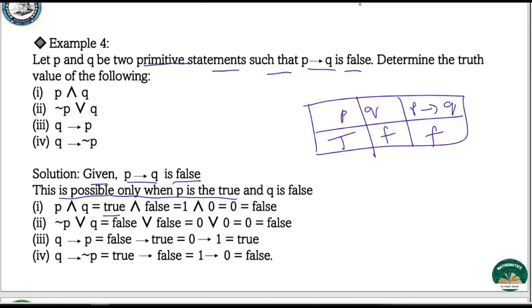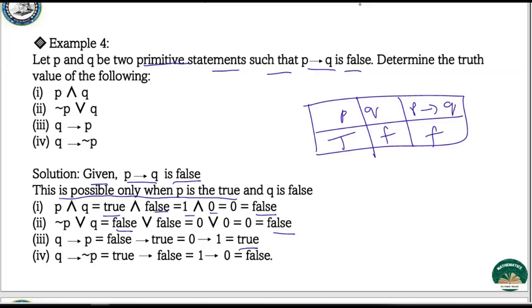For P and Q: P is true and Q is false, so it is 1 and 0, that is false. T and F is false. Then the second one: if you take negation P, it will be false, and F and F is false. Then it is P or P implies Q, that is false implies true, that will be true.